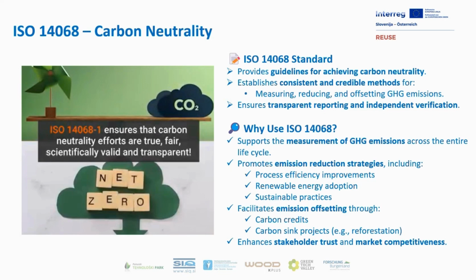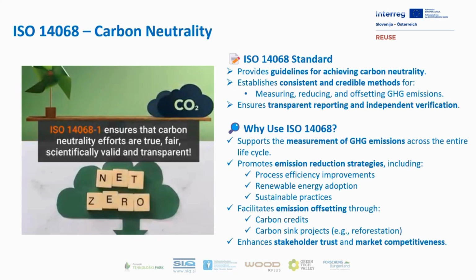Offsetting residual emissions. After all possible reductions, some emissions will still remain, and ISO 14068 outlines how to compensate for those using carbon credits or carbon sink projects like reforestation or soil carbon initiatives.